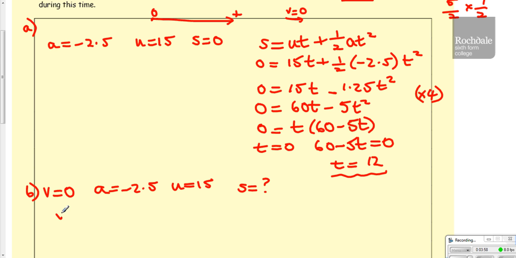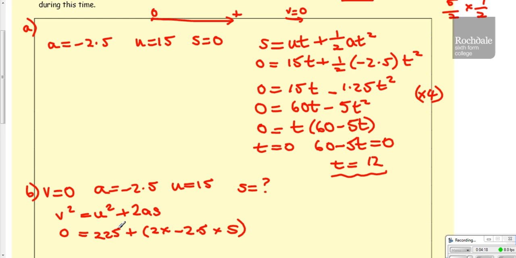And so I think the equation we're looking for is v squared equals u squared plus 2as. v is 0, u squared, 15 squared is 225. And then we've got 2 multiplied by minus 2.5 times s, which we don't know.